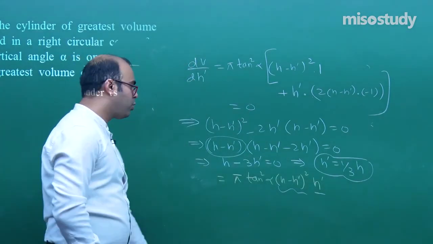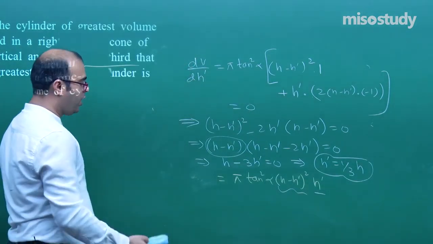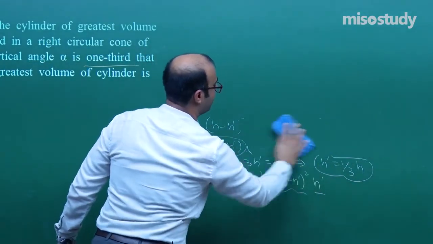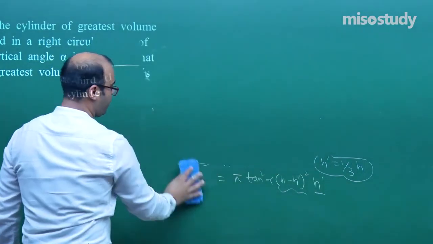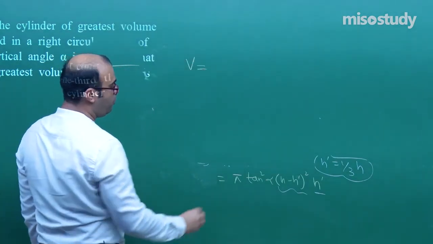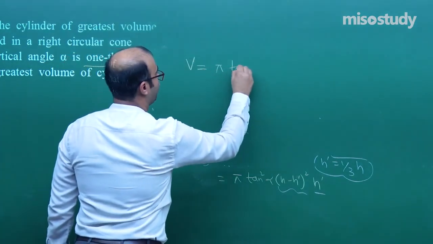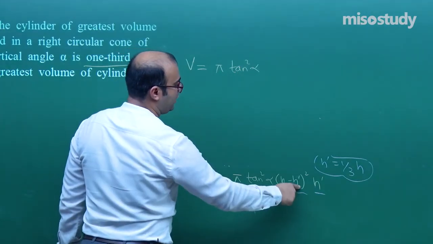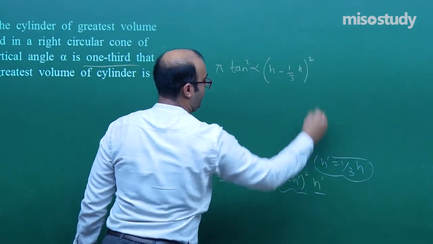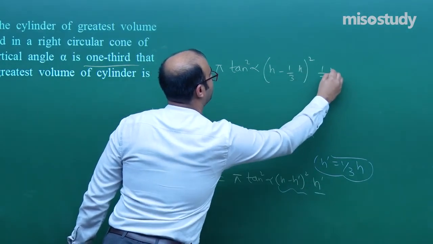So this is the first part of the question, that the height of the cylinder is 1/3 of the height of the cone. After getting this, find the volume. The maximum volume is pi tan square alpha into h minus h dash whole square into h dash. So h minus 1 by 3h whole square, this will be 1 by 3h.